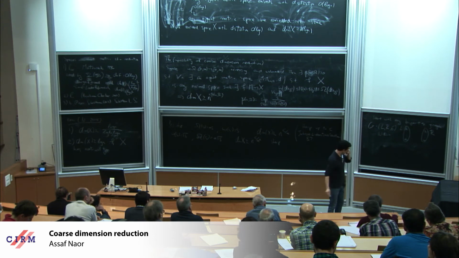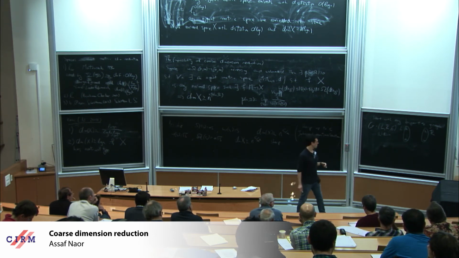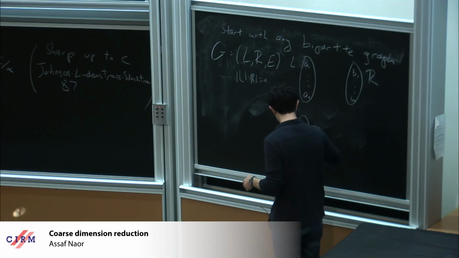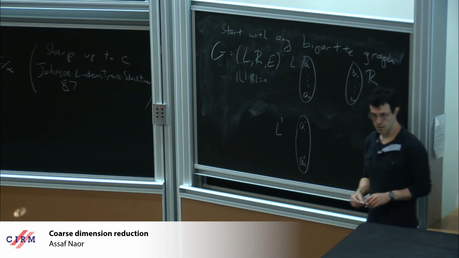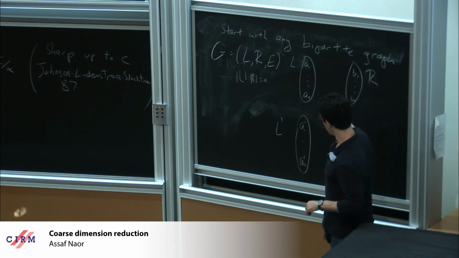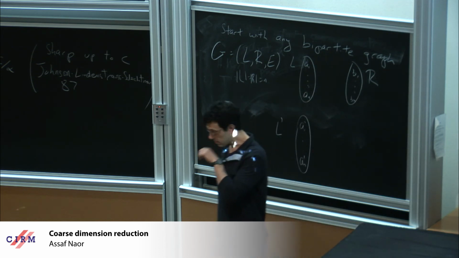Whenever somebody hands you a bipartite graph like that, what I'm going to do is duplicate the left side. Matousek duplicates the left side, so he adds another copy, call it L prime. And so the total number of points here is now 3n. It was 2n before, now it's 3n.